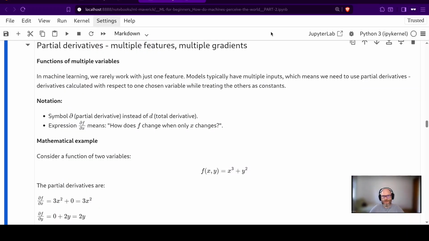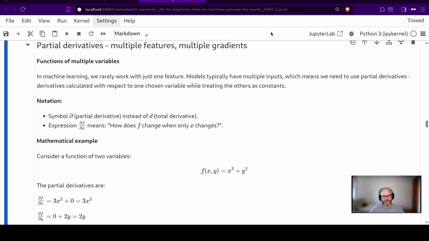Partial derivatives, multiple features, multiple gradients, functions of multiple variables. In machine learning, we rarely work with just one feature. Models typically have multiple inputs, which means we need to use partial derivatives.